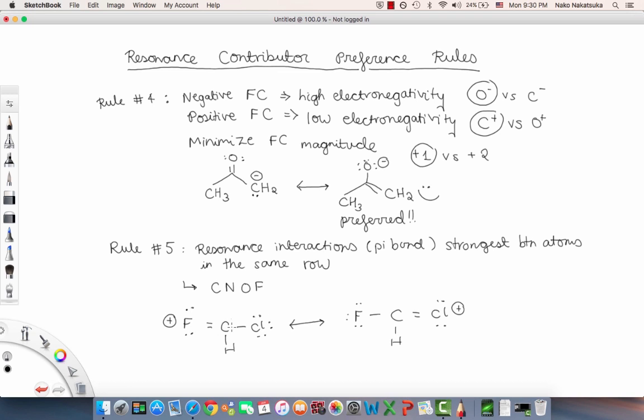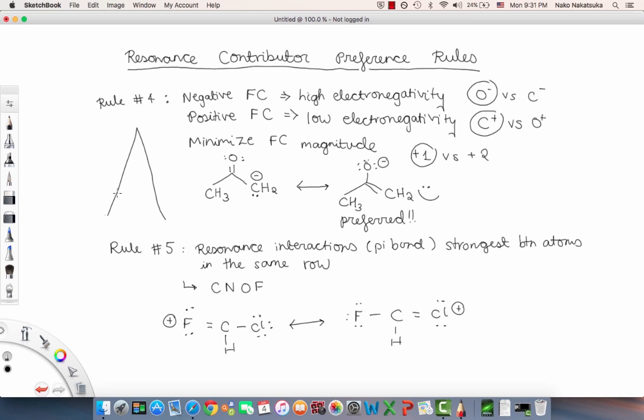Fluorine and carbon are both second row elements, and the more important contributor, even though the electronegativity of fluorine is greater than the electronegativity of chlorine. So remember before we said for the positive formal charge we want it on the low electronegative element, which is chlorine. So initially you would think that this is the preferable structure. But as I said, rule number 5 overrules rule number 4.